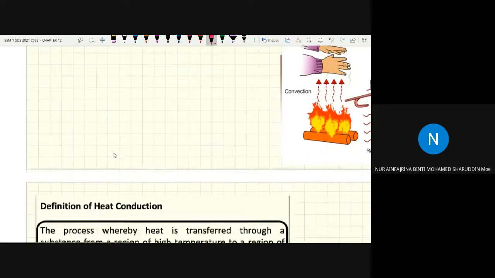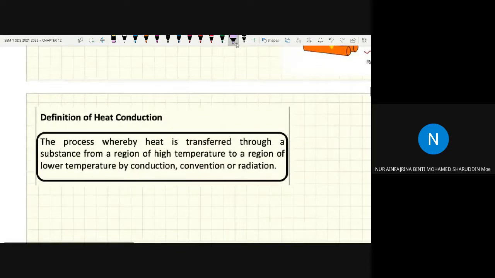So now, the most important part, you must know the definition of heat conduction. So, heat conduction is a process. Okay, dia adalah a process. So, dia adalah process whereby heat is transferred through a substance from a region of high temperature to a region of lower temperature is either by conduction, convection or radiation.